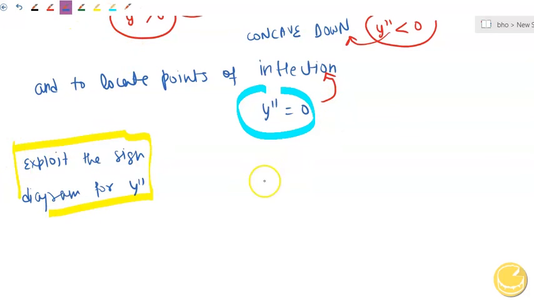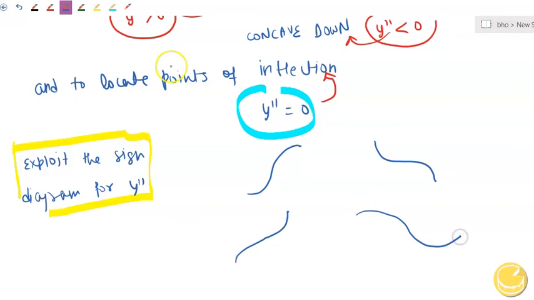Something like this. Let me draw something like this. A point where a function changes its concavity is our inflection point. So in these given figures, this is our inflection point, this is also an inflection point, and this is also an inflection point. So that's it, guys.